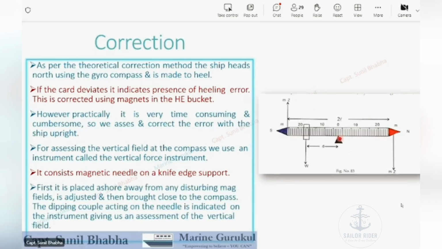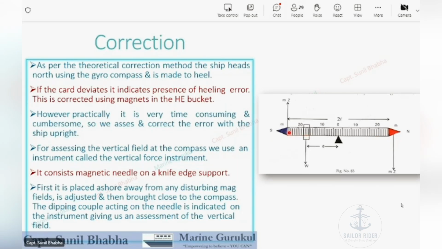So what the compass adjuster does is, he first takes the VFI, vertical force instrument, and he places it at some place ashore, away from any disturbing magnetic field. When it is placed in an area where there is no disturbance of any magnetic field, this needle is going to align itself in the direction of the Earth's magnetic field.